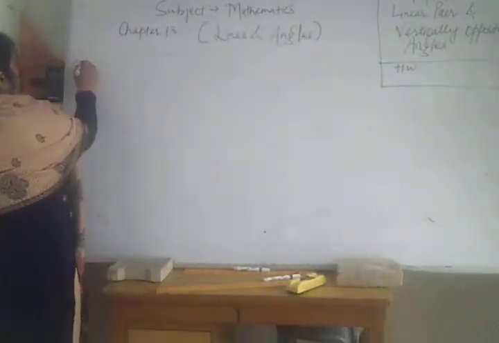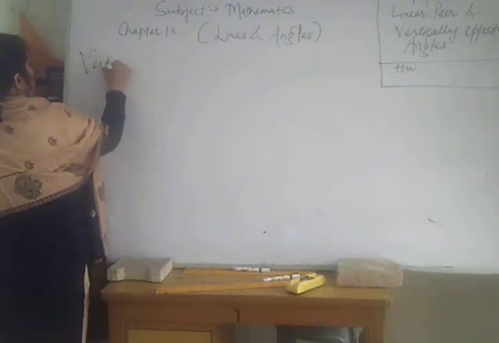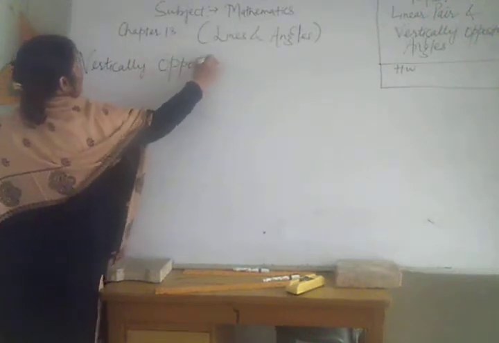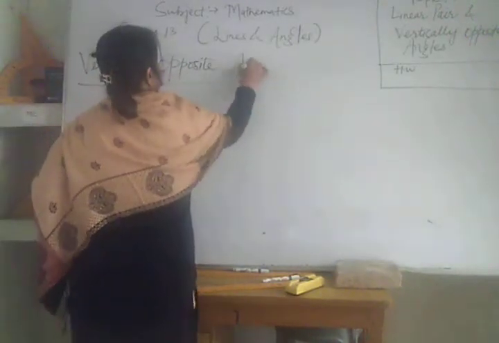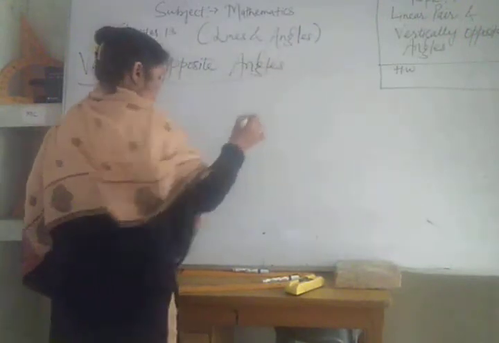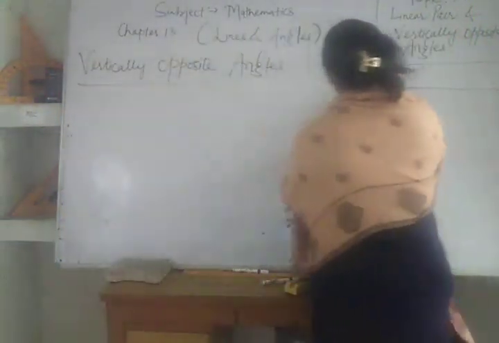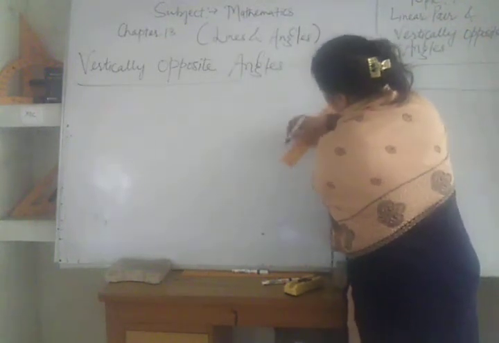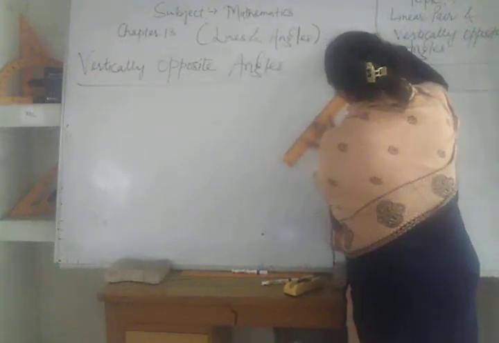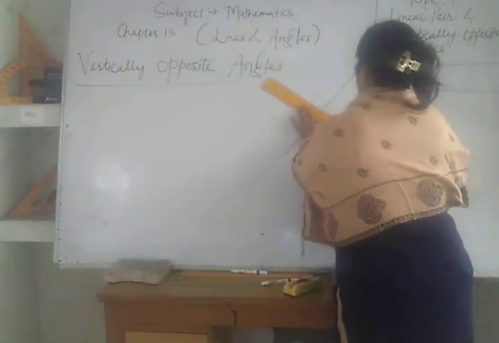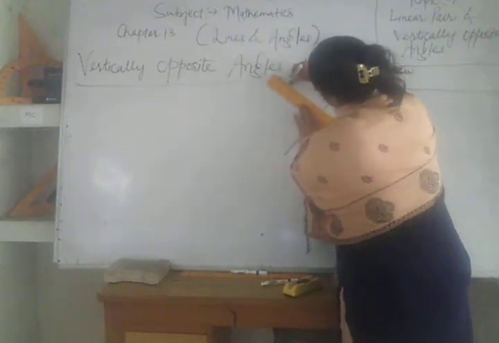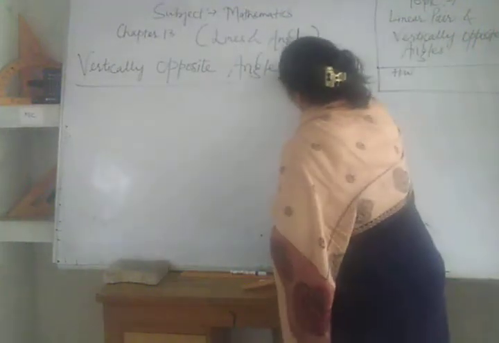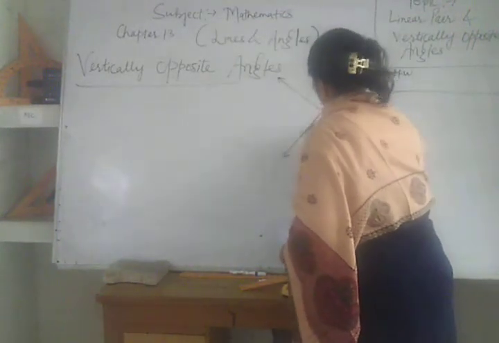Now, vertically opposite angles. Here are two intersecting lines.